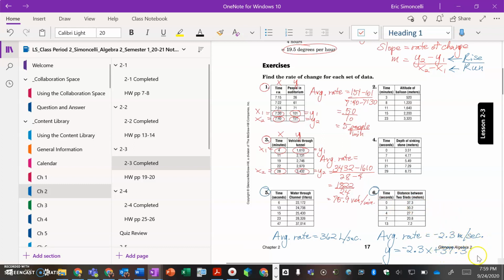Then ask yourself why I'm picking this as my quote-unquote b value. Again, y equals mx plus b. It turns out this is b because, look at the very first point. It's 0 comma, there it is, 37.3. So test that theory and see if you can get that same result. Let's move on.